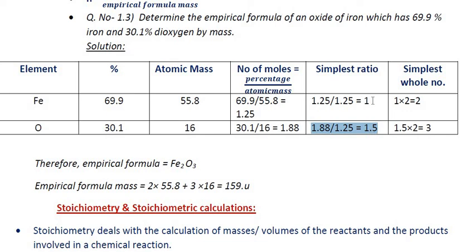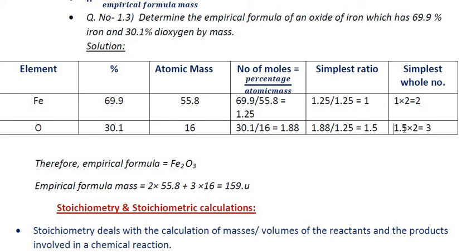So the answer we have got is 1 and 1.5, but 1.5 is not a whole number. So we have to convert it into the simplest whole number. How can we do that? If I multiply both the numbers by 2, I will convert it into the simplest whole number. So I have multiplied 1 by 2 and the answer is 2.